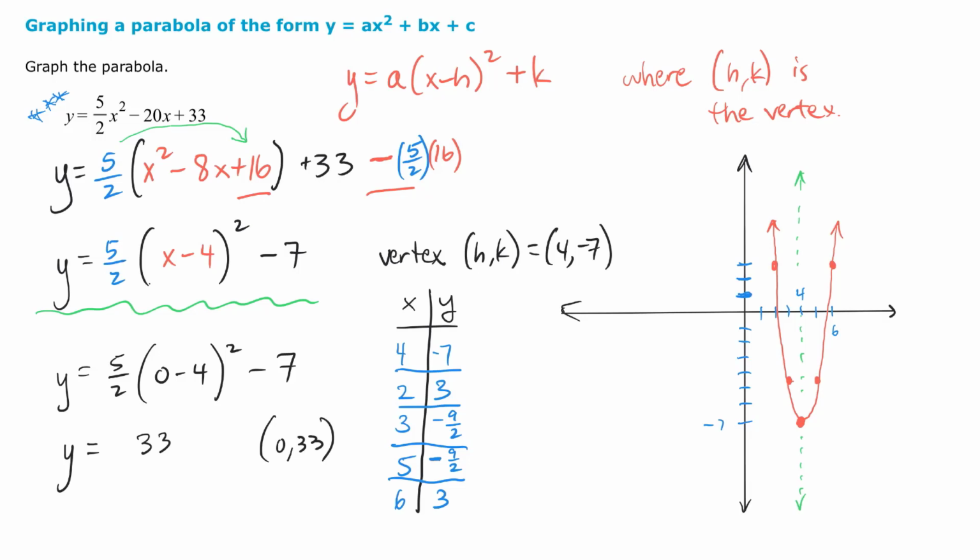Why don't we circle our work that's necessary for our graph? So the work that's necessary is here, and you definitely want to show your ordered pairs, show a labeling of ordered pairs.